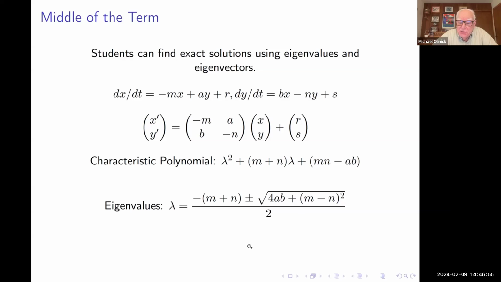The eigenvalues here, students can see that they're actually going to be unequal, and both are going to be real in this particular case. And at least one of them is negative. They both might be negative in the case of the stable arms race.